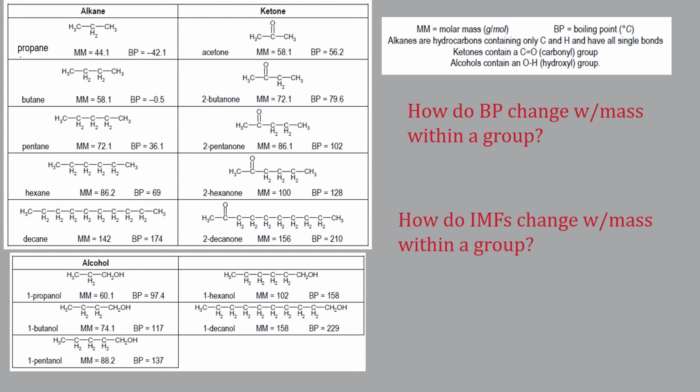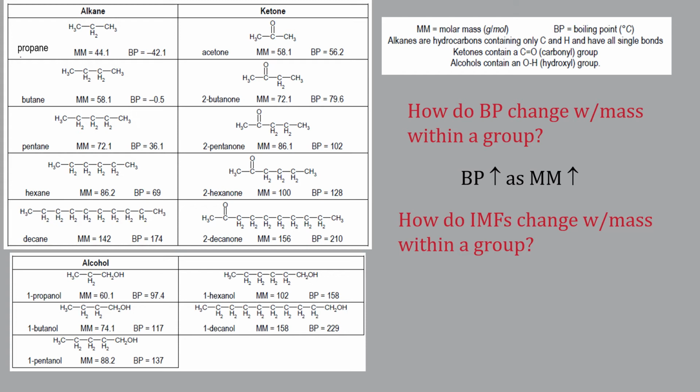All right, hopefully you've had a look. So the trend with all three groups is that as the molar mass increases, the boiling point goes up as well. So the implication here is that if the boiling point is going up, the way that something boils is that those intermolecular forces are broken.